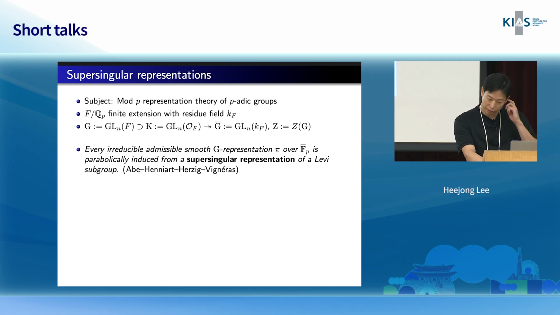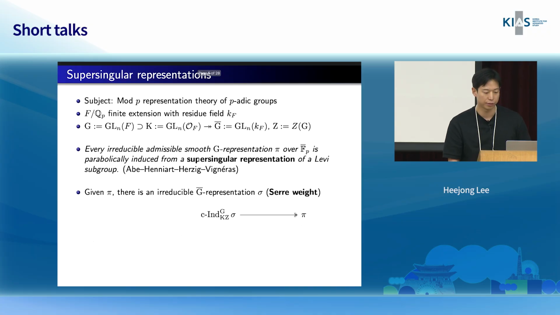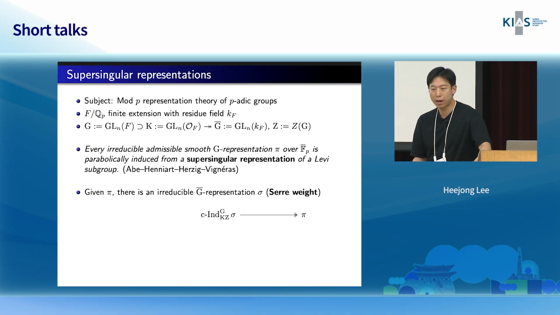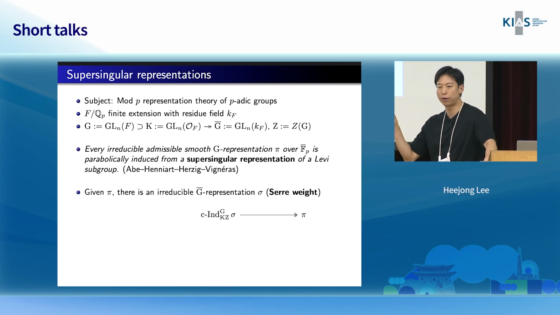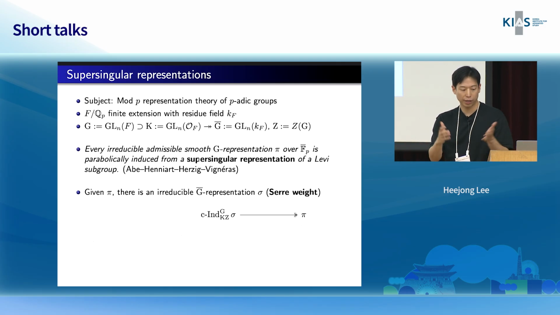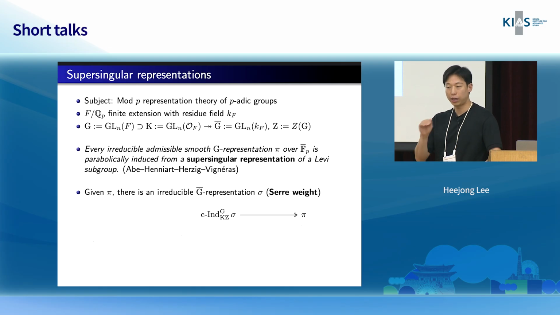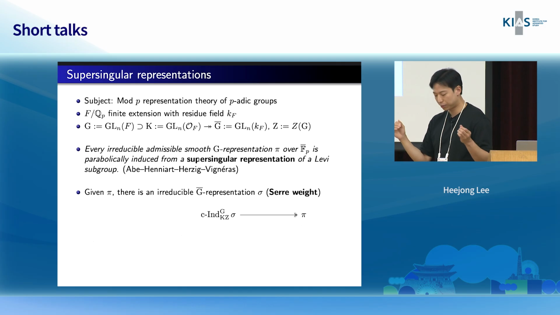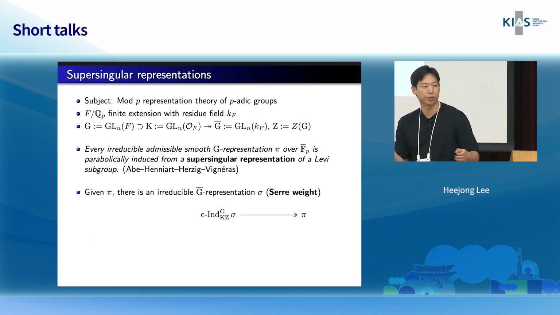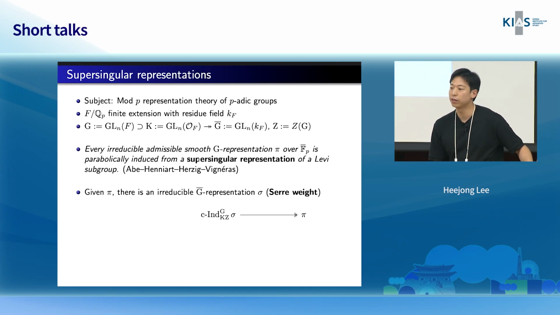So what are these supersingular representations? I need to discuss general theory a little bit. So given irreducible pi, we can find some irreducible representation sigma of this finite group G bar such that if we take compact induction of this sigma, it surjects onto pi. So this may remind you of this Bushnell-Kutzko type theory that Alexander talked about on Monday.